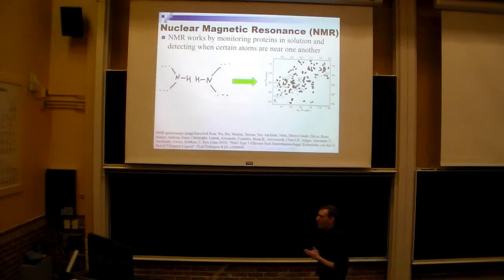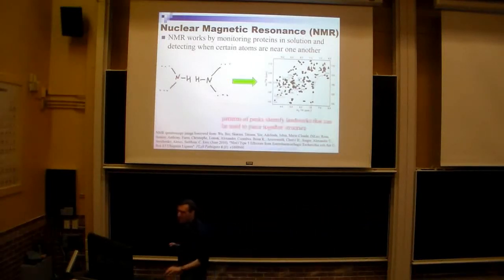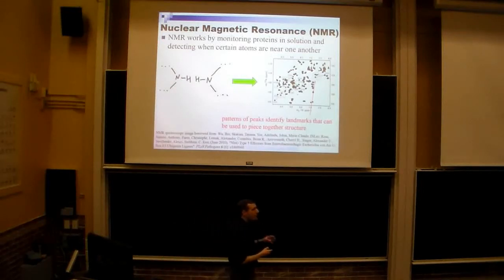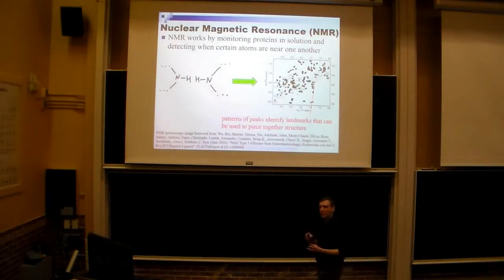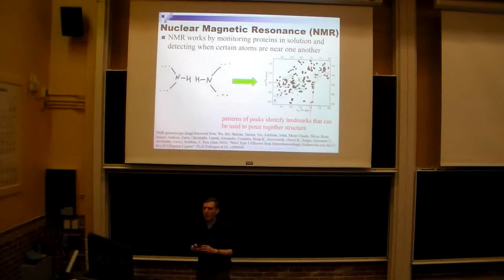And by looking for particular patterns of spots, you can identify, let's say, signatures of particular amino acids. You can figure out from that which spots correspond to which residues in your polypeptide chain, and then figure out which of those residues are close together, which atoms in those are close together, and put together a good model of the overall 3D shape of your protein.